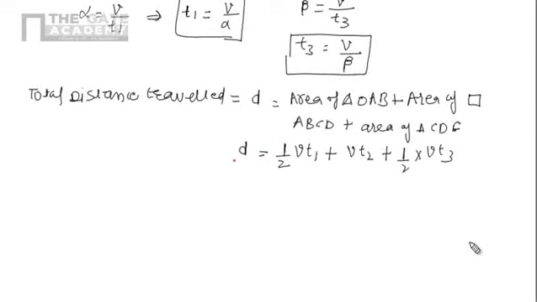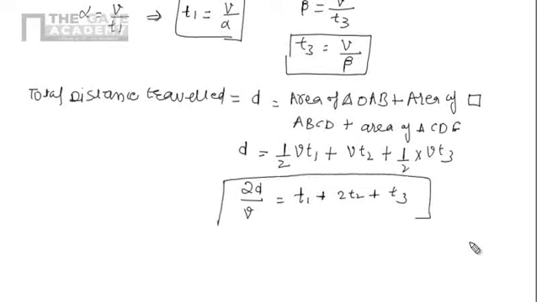So from here we can write 2d by v equals t1 plus twice t2 plus t3. So we have the expression t1 plus twice t2 plus t3 equals twice d by v.